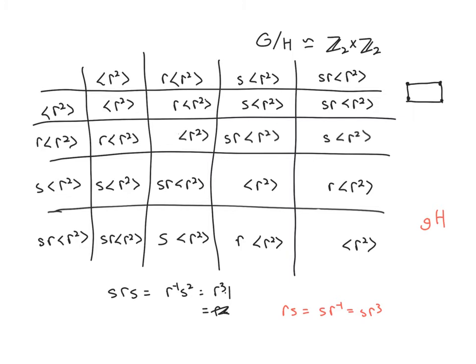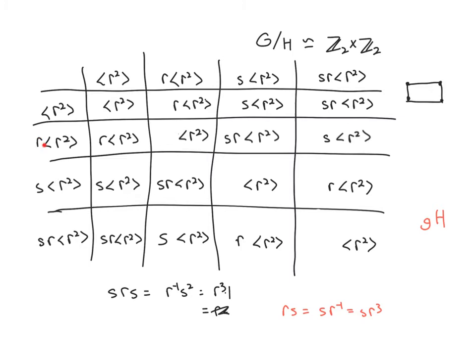I want to be able to see the answers in terms of the four coset representatives we've chosen. And in practical applications, that's actually the hardest part about working with quotient groups. So of course this is the identity coset, and so multiplying by it gives you everything back in both directions. And so the first column and first row are easy to calculate.